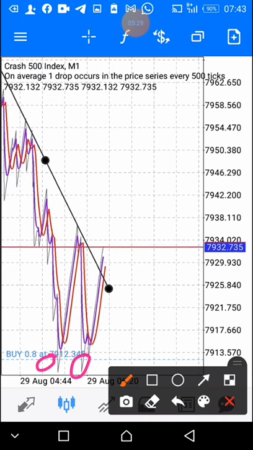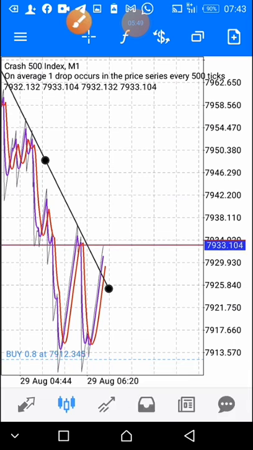I did not use the indicator again. I told you earlier that I was trading with the indicator before this happened. I am going to show you how I use the indicator to trade, but let me explain how I took the last trade you saw, which went beyond my indicator.